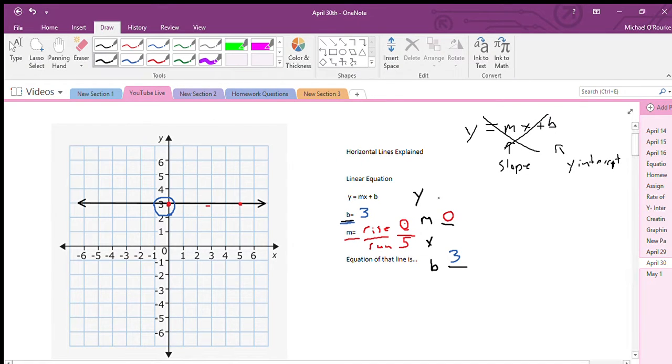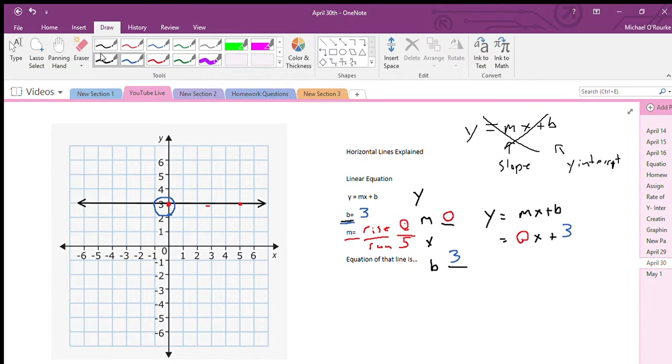So let's plug everything into our equation. So we have y equals mx plus b, 0 times x plus b. Not plus b. Let's rewind here. Let's write in our colors. 0 times x plus 3. Okay.